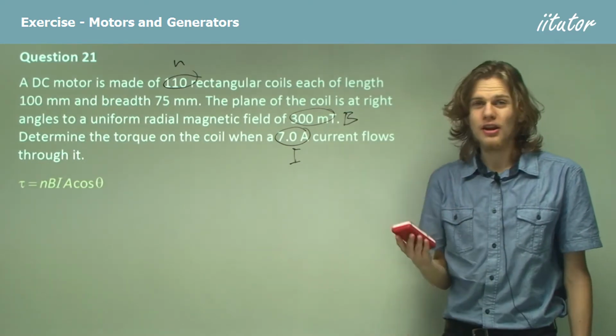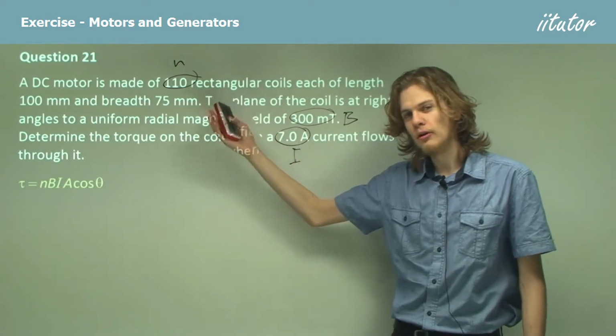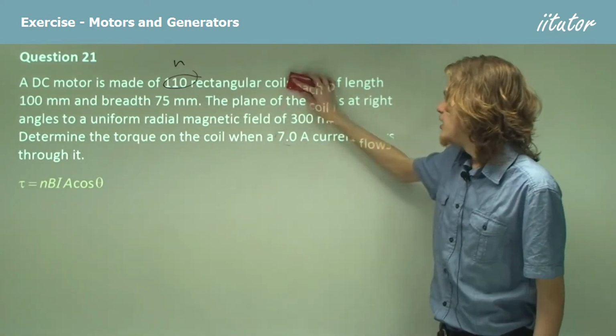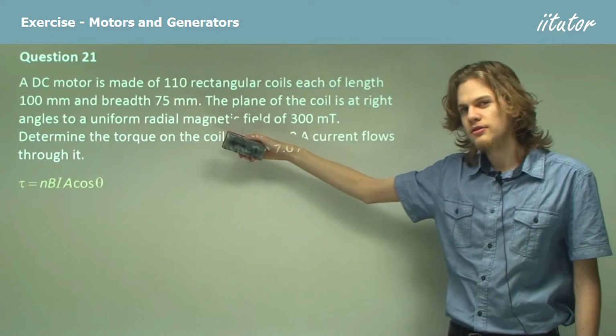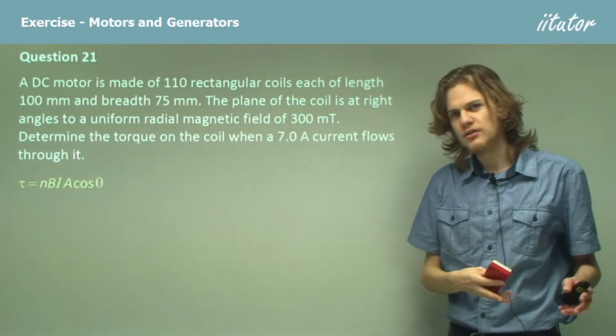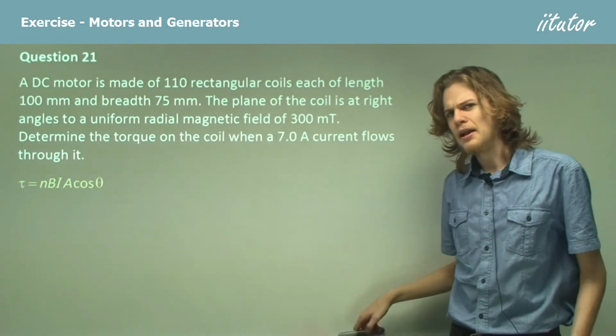But of course we can figure that out because we have the dimensions of the coil. Now it's very important here to convert these numbers into meters before we use them in the equation. Why is that?